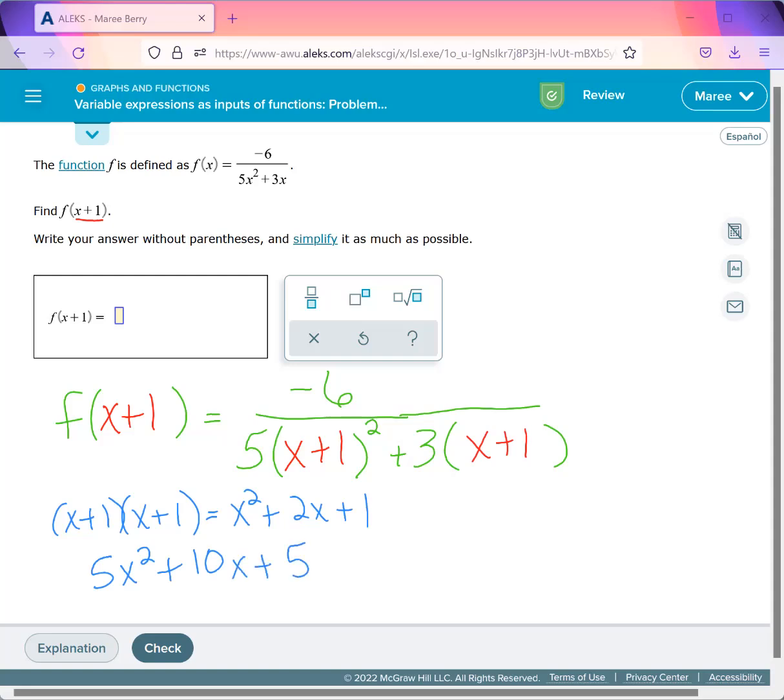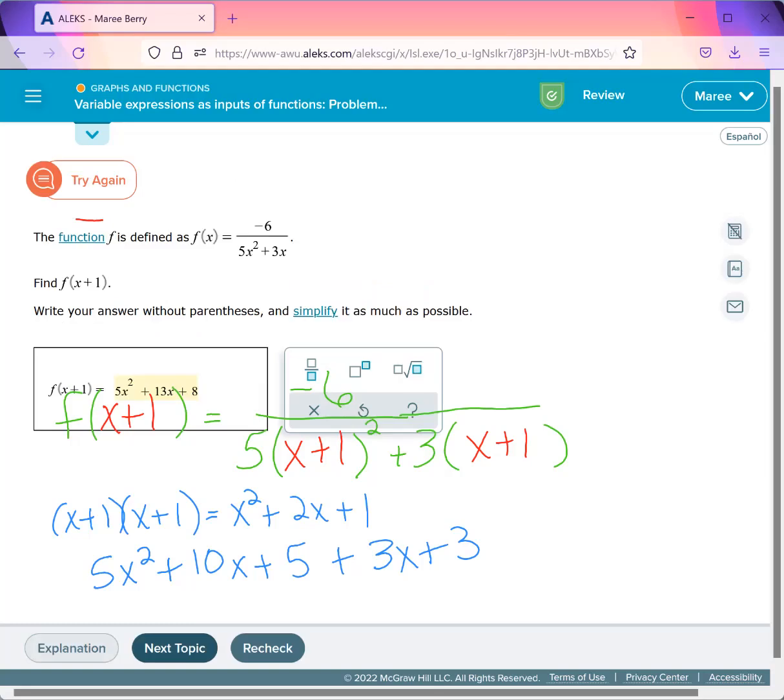And then we're going to distribute the 3, so 3x plus 3, and we'll simplify as much as we can, and we'll end up with 5x squared, 10x plus 3x is plus 13x, plus 5 plus 3 is 8.